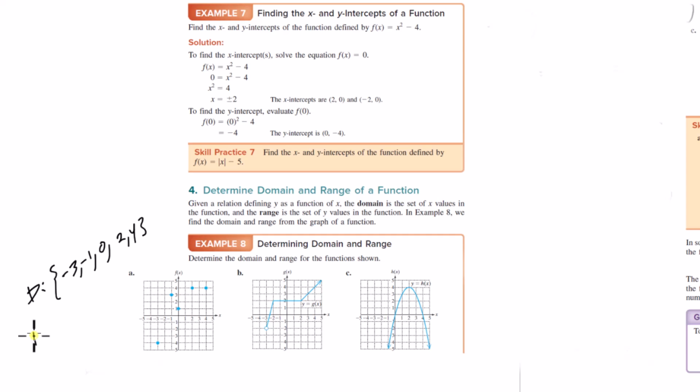Okay, now the range is all of the possible outputs. You can get -4, 1, 3. You can also get 4, but we're not going to put 4 twice.